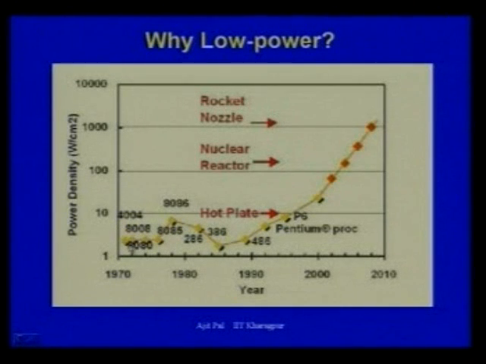And subsequently, other processors have been introduced, and the power dissipation was not very high until it was Pentium and Pentium 6. You can see the power density has touched the power density of a hot plate. What do you do by using a hot plate?